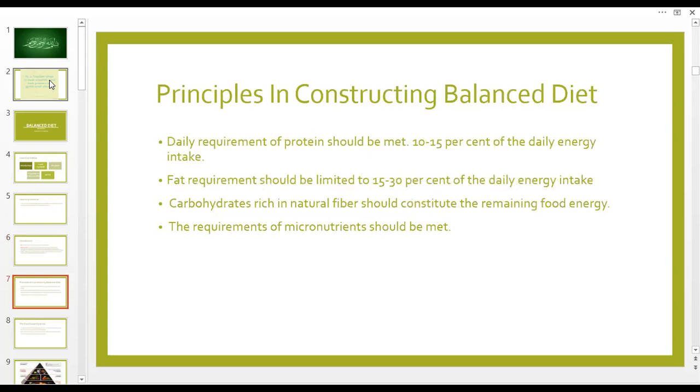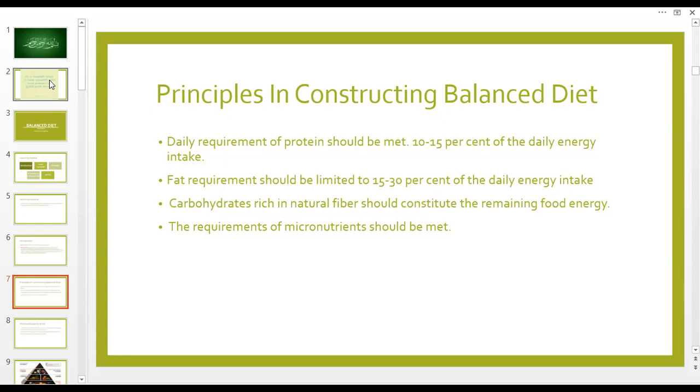Now, principles for constructing a balanced diet. If we want to construct a balanced diet, we should keep in mind that the daily requirement of protein should be met, which is approximately 10 to 15% of the energy requirement of the person daily. Fat requirement should be limited to 10 to 30% of daily energy intake.